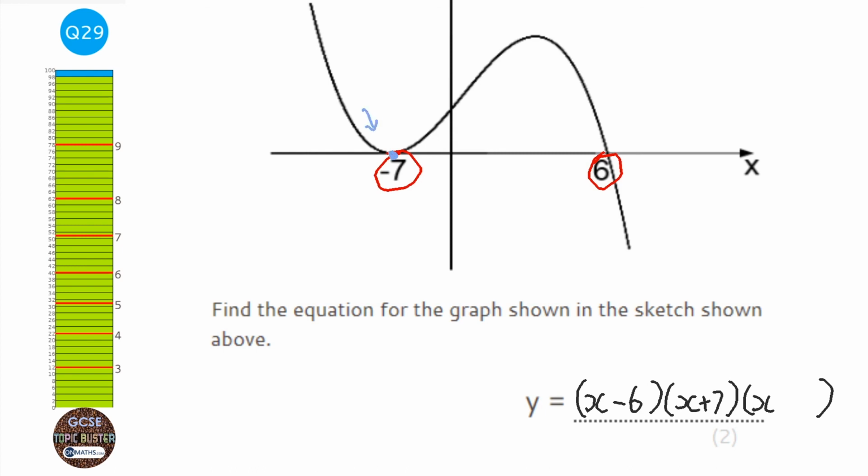We've got the down solution and we've got the up solution. So that actually represents 2 solutions, not 1. And if you have a look at here, we've just got 1 solution because it just goes through once. So when it turns on the axis, it gives us 2 solutions. So there are 2 lots of x plus 7. So a bit of a unique situation, that, but it's useful to remember.